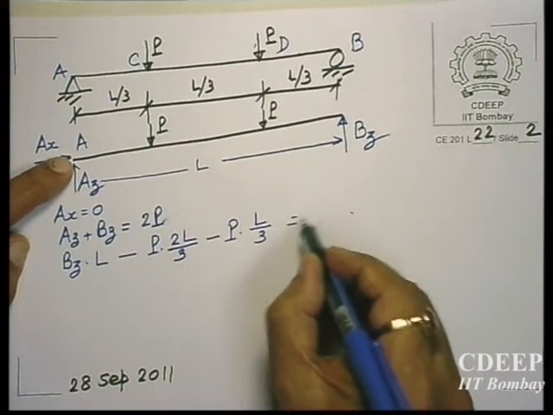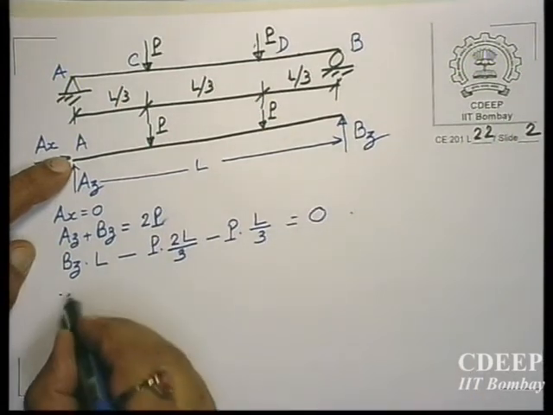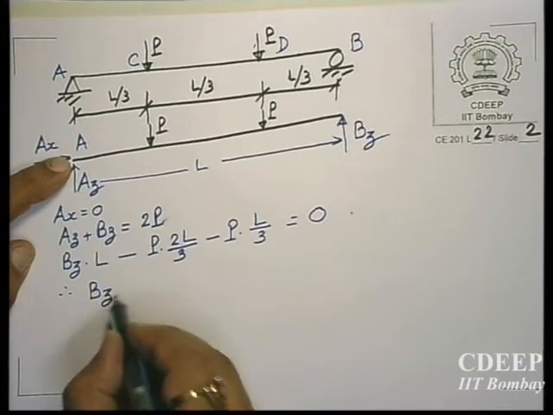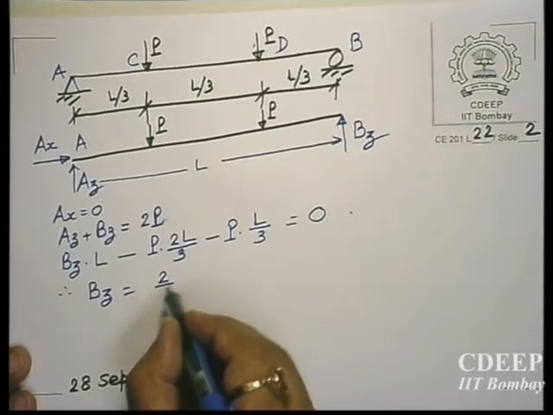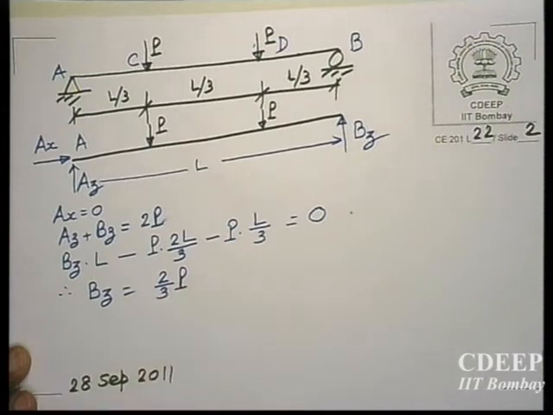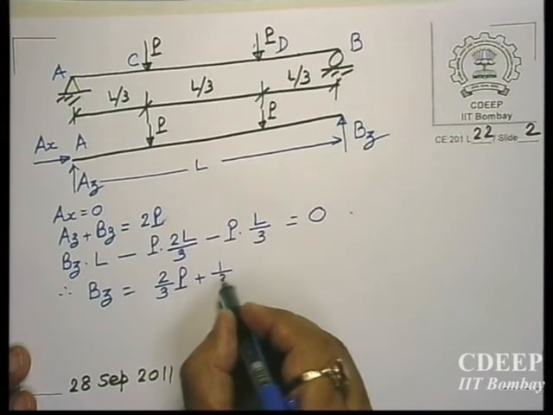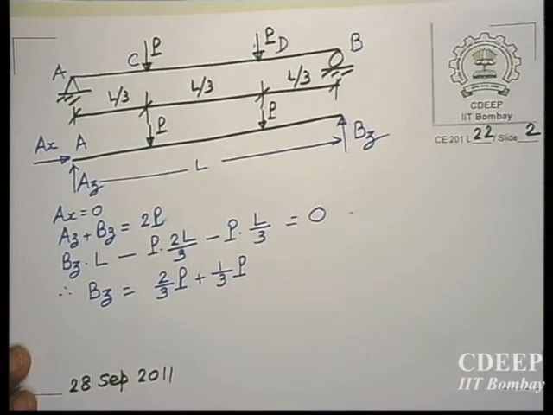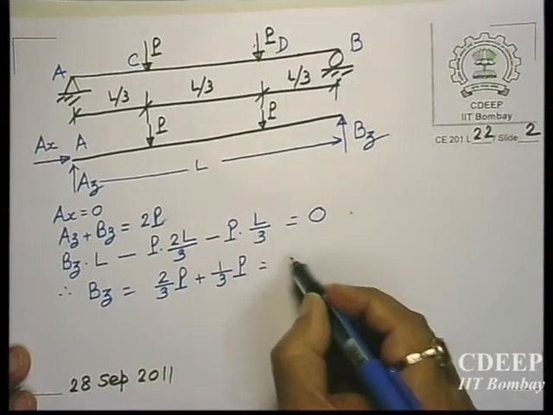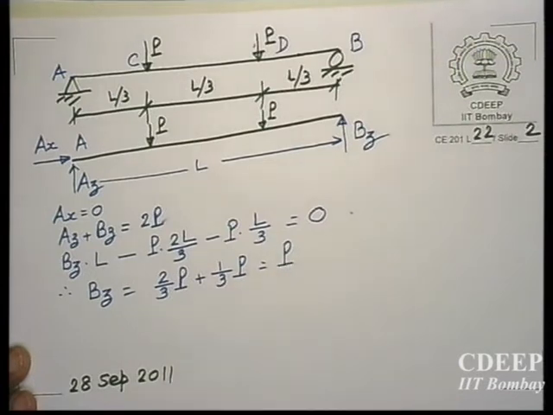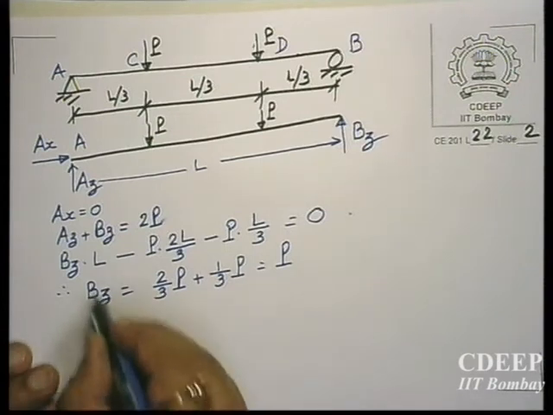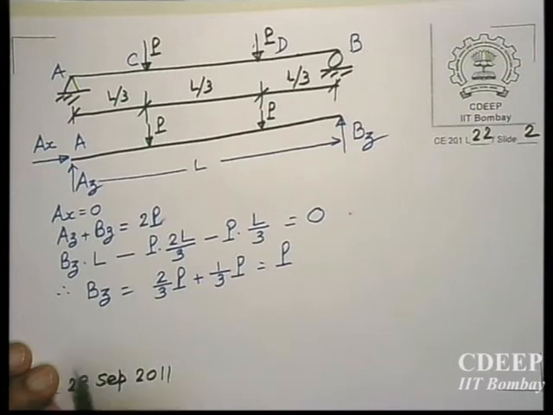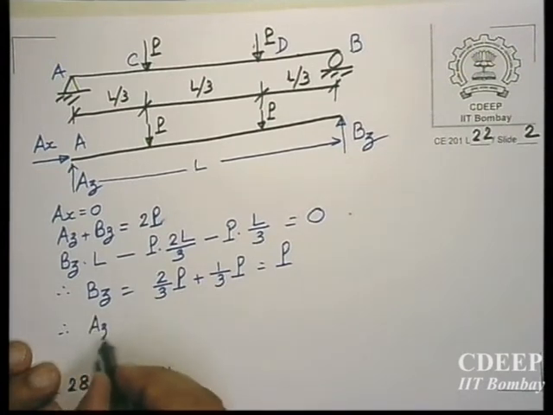There is no other force, so this must be equal to 0, and therefore we get BZ equal to 2 by 3 P plus 1 by 3 P. That makes it P. So BZ equals P. And then from equation 2, AZ also will be equal to P.